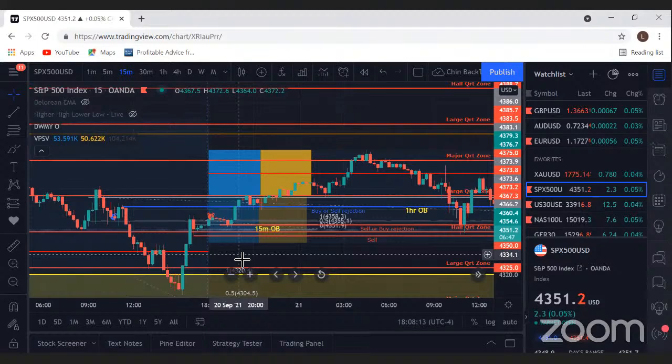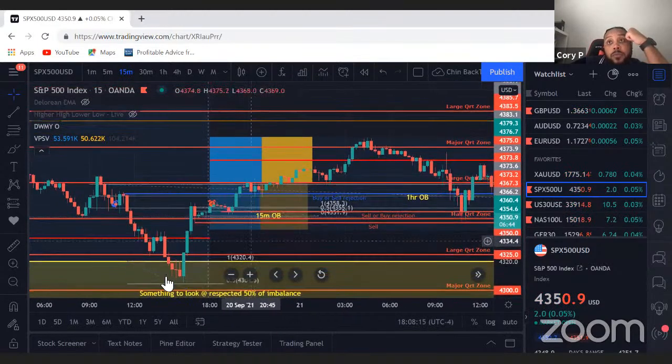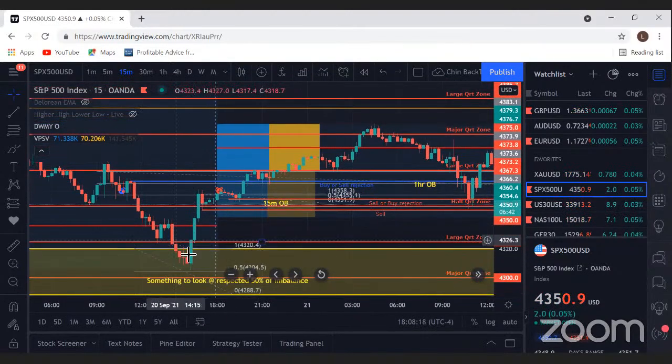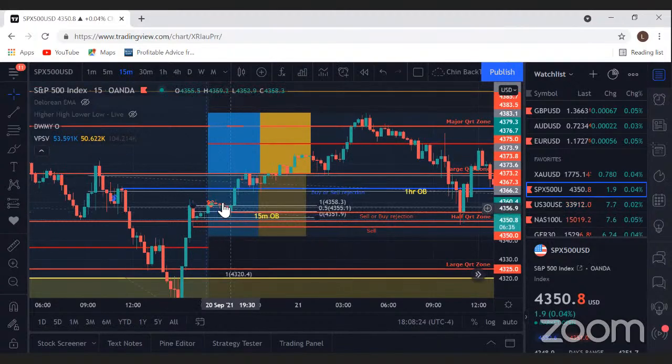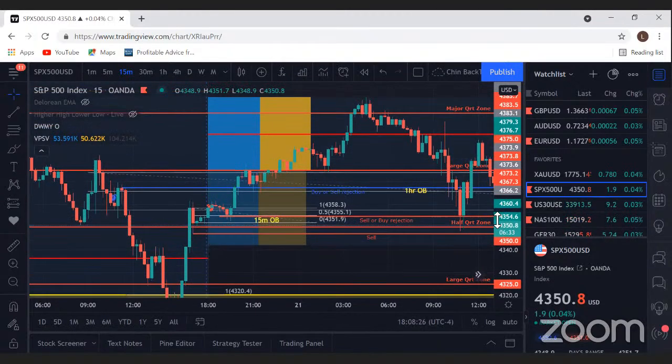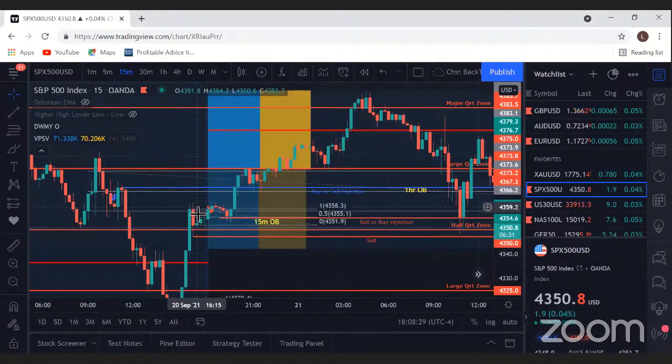Can you see my screen? Oh yeah, I can see it. All right, so I missed this down here. But where I drew up this 15-minute, and I don't know if this is risky, this was a pretty good entry right here. I used this order block on a 15-minute, and it broke above and came back and retested and just shot up from there.